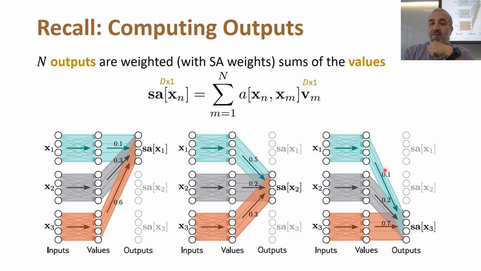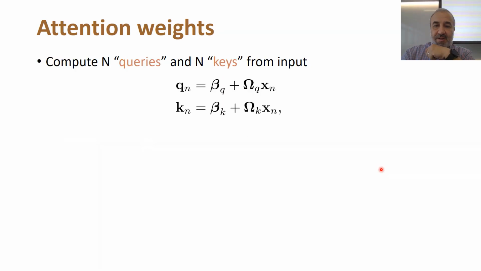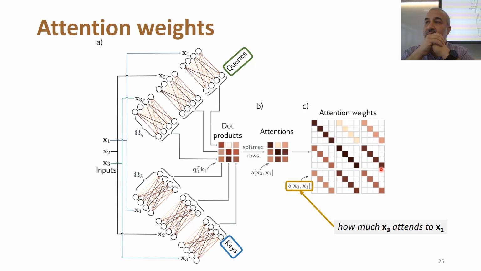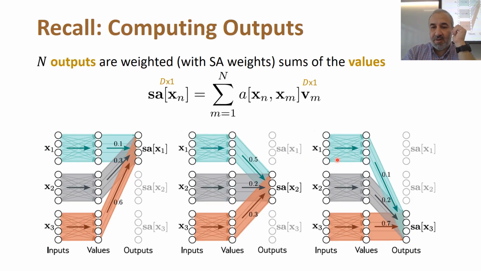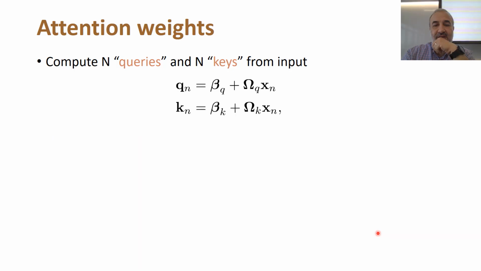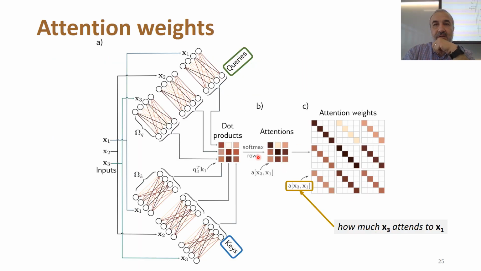Now just a quick question: where can we find these three numbers in the matrix that we saw in the previous slide? We have this matrix, right? The three numbers here, 0.1, 0.2, 0.7. Where are these in this matrix?